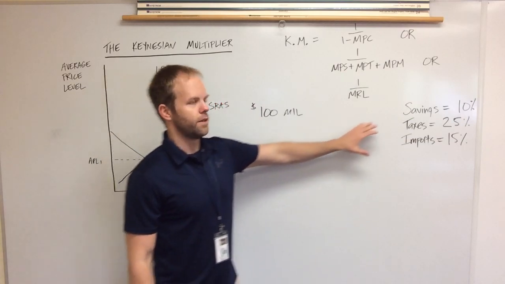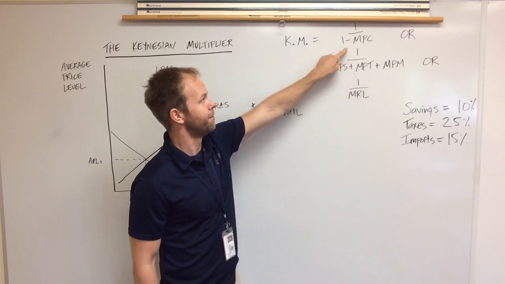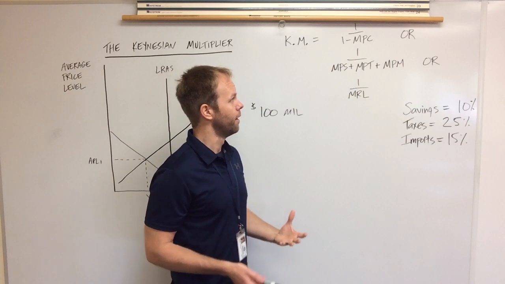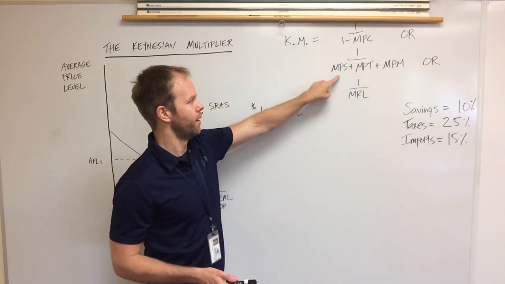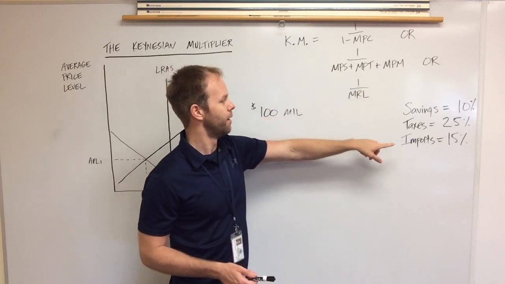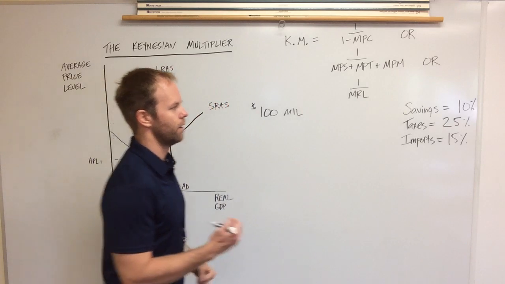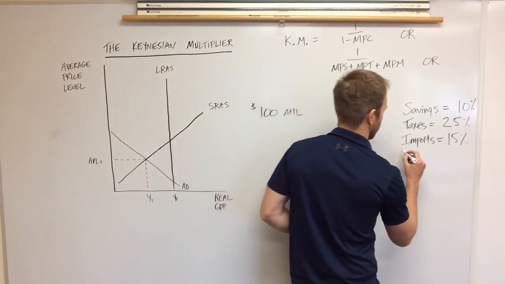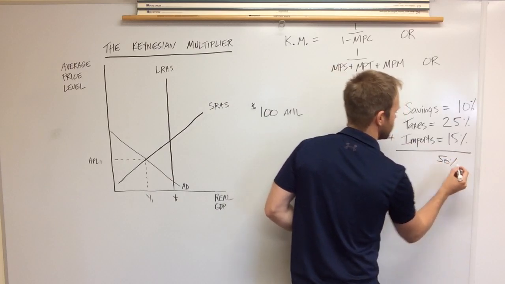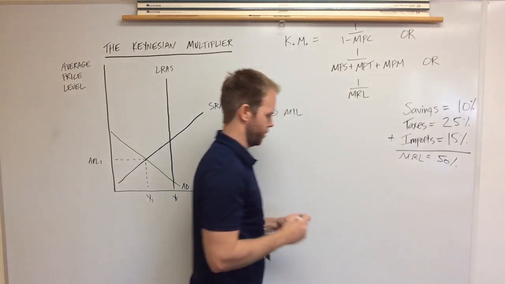So this information, we can derive the Keynesian multiplier using this, but we can't figure out what the marginal propensity to consume is. But if we add all of these up, right, a savings rate of 10%, a tax rate of 25%, and import spending of 15%, then all of this adds up to, obviously, 50%, which is basically our MRL, or our marginal rate of leakage.